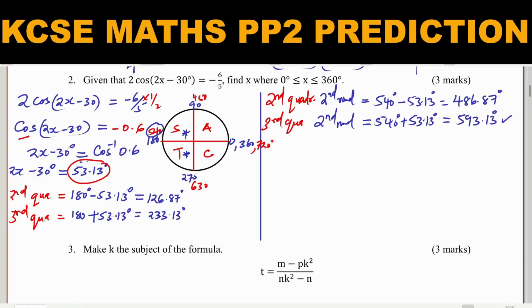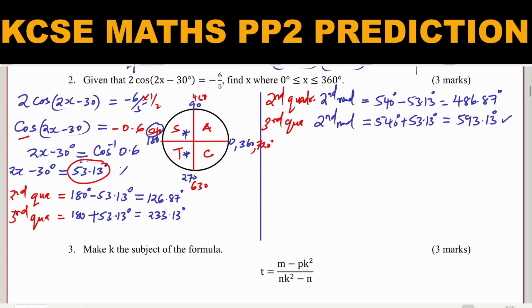So those are the angles. If we go to the third round, I'm seeing as if this one will exceed the range that is given. So we can first test and see the angles that you're going to get.